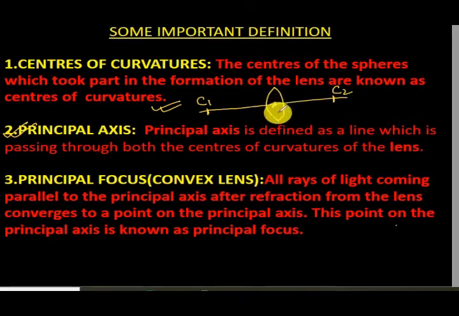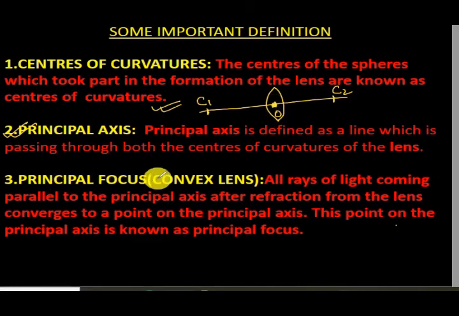This point we call O, the optical center. This line which is passing through the two centers C1 and C2 and the optical center of the lens is called the principal axis. So the principal axis is a line or an axis passing through the centers of the spheres as well as the center of the lens.